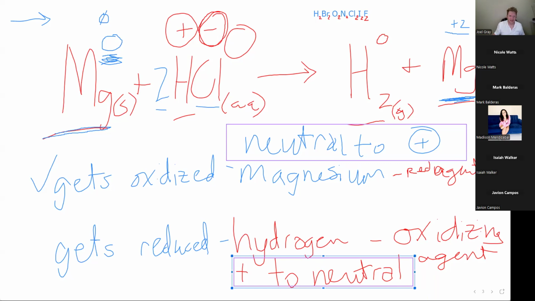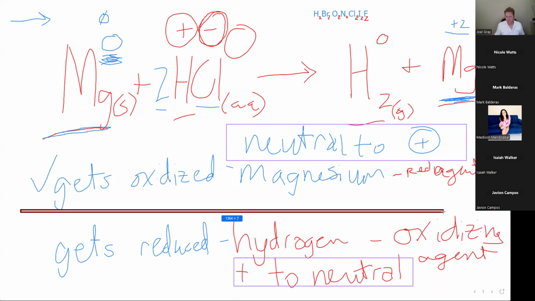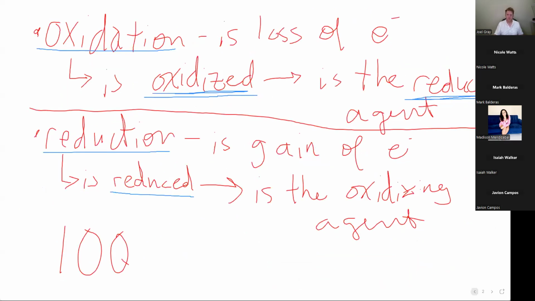Then the next thing that you need to keep straight is that the species that gets oxidized is the reducing agent. The species that gets reduced is the oxidizing agent. If you keep that straight, you're going to be in very good shape for these kind of questions.